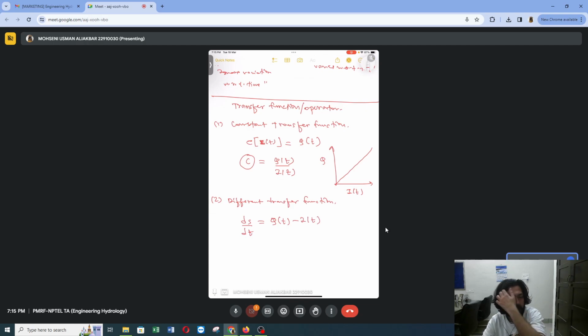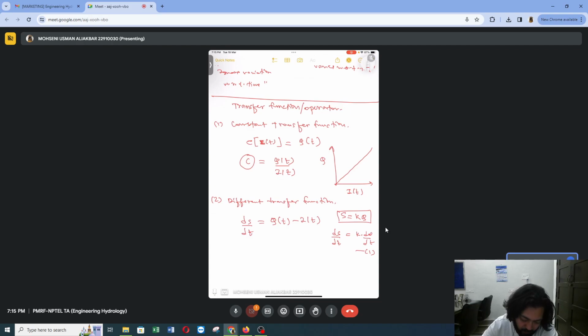But also we know that storage is a function of outflow. If we differentiate this with respect to time, we get ds by dt equals k dQ by dt. Let us say this is equation 1.